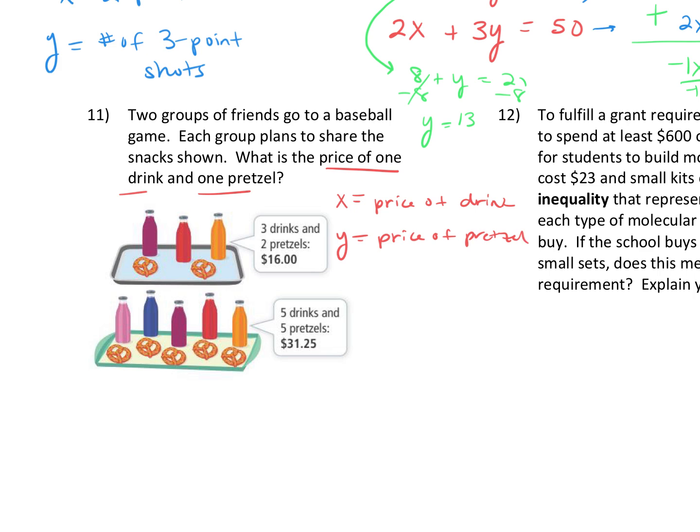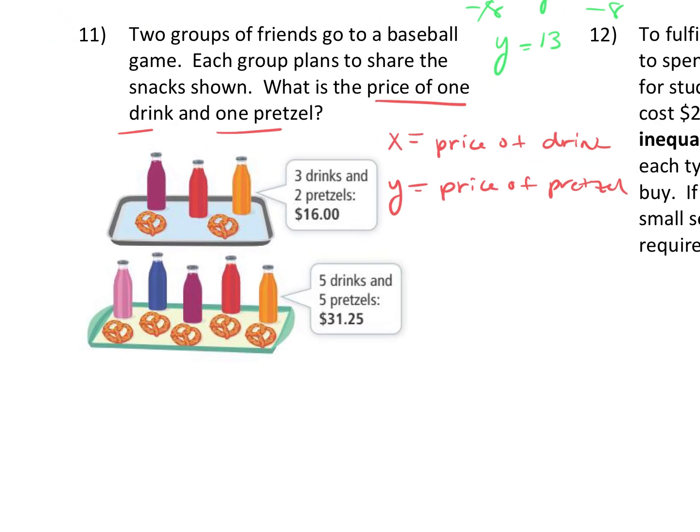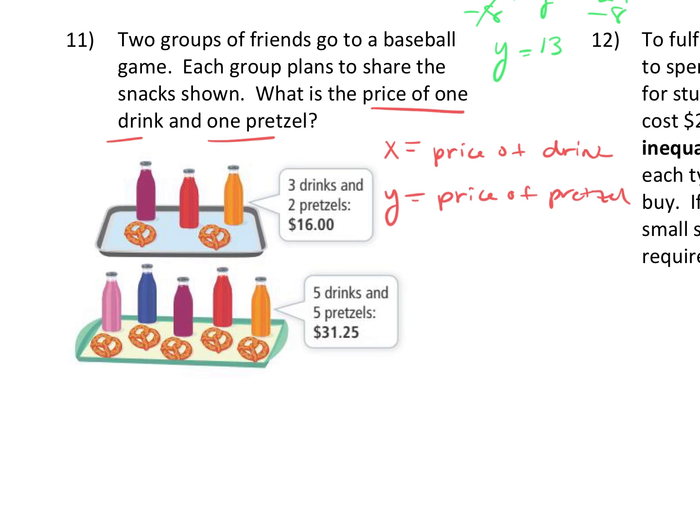All right, so we're given some information in the picture here. First, it says 3 drinks and 2 pretzels cost $16. So x is our drink, so we can say 3x plus y is the price of a pretzel. And I'm just looking at this right here.